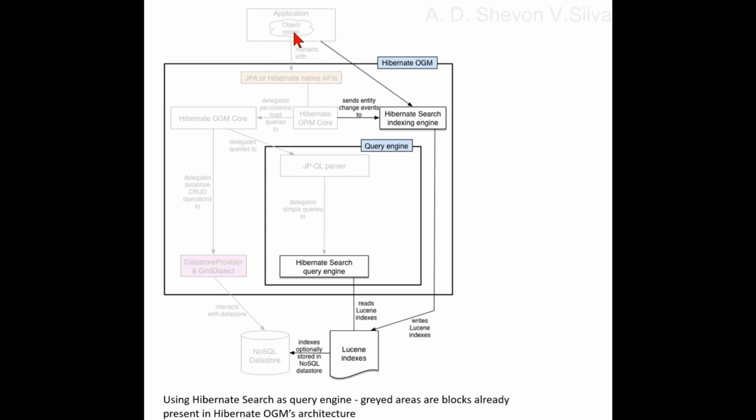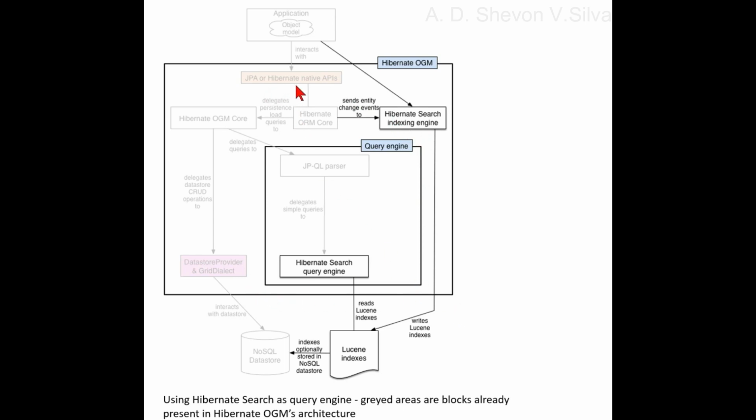Here you can see the application interacts with JPA or the Hibernate native API. Here the Hibernate Search indexing engine and query engine and other components are inside Hibernate OGM.